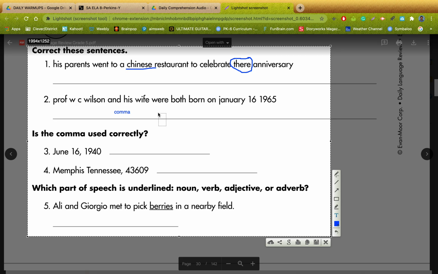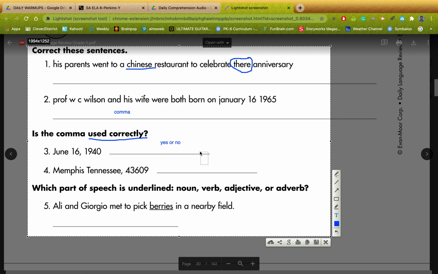So we have June 16th, 1940. And all they're asking is, are these commas used correctly? So you're literally going to say yes or no. So your answer will be a yes or no. One or the other, okay? So if you need to look up basic comma rules, go for it.